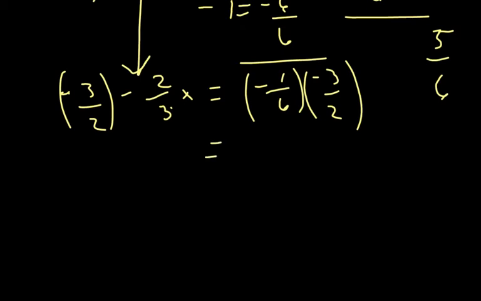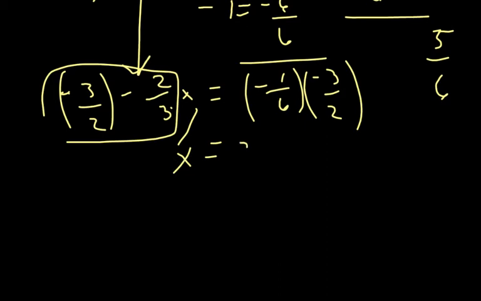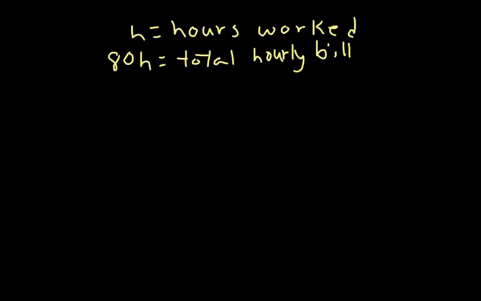So this will be a 1, and the x would come down. So 1x equals negative 1 times negative 3 is 3. 6 times 2 is 12. And in lowest terms, that's 1/4. So there's the answer.